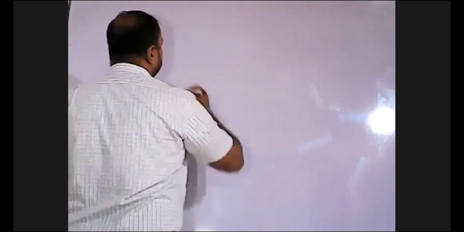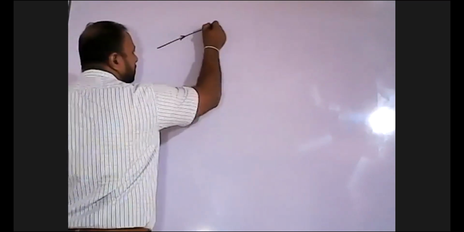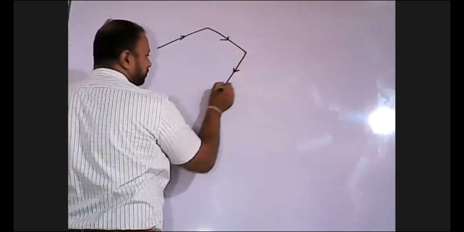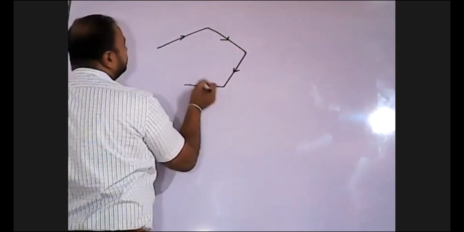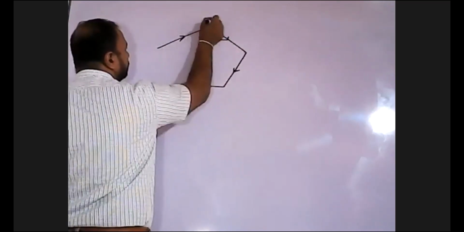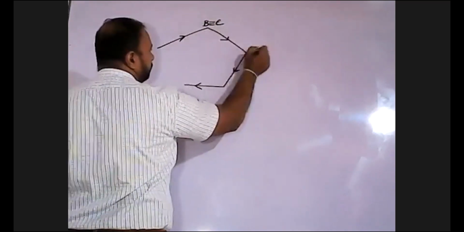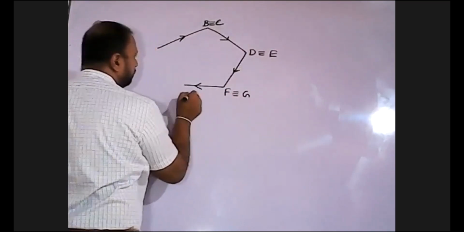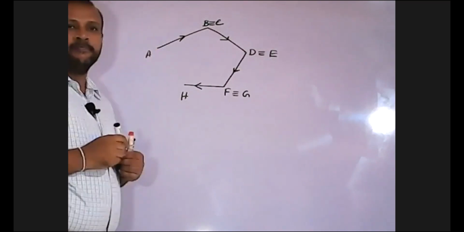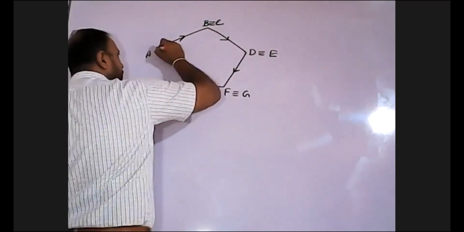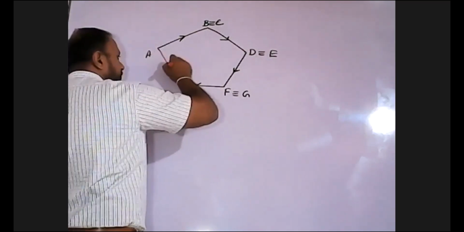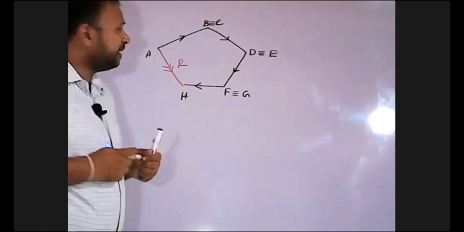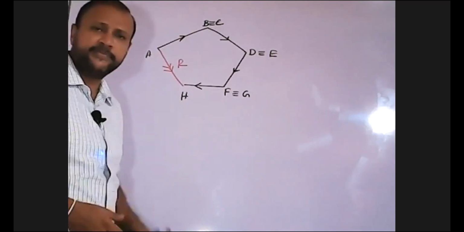The second one is this one. Suppose you have to add these four vectors, 1, 2, 3, 4.